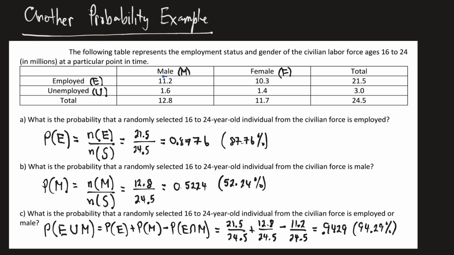So here is male, and then here is now employed. So if we add these, another way we could have done this problem would be to add the 11.2, the 1.6, and the 10.3, and again divide that by the 24.5.